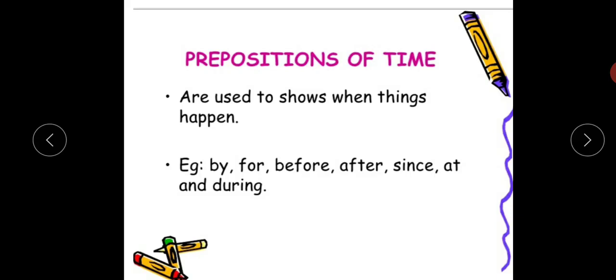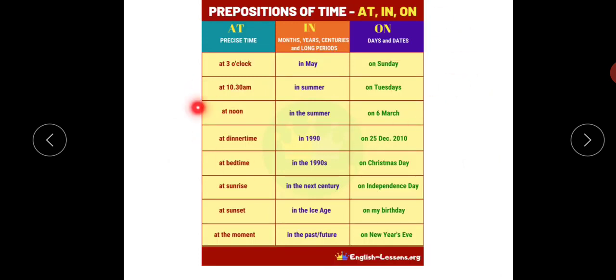I was studying in the morning. She was born on the 5th of July. I will reach there at 6 o'clock. You can see a common tabular form here. When you say precise time: in, on, at, since, for, during or before, after, all these are prepositions of time.